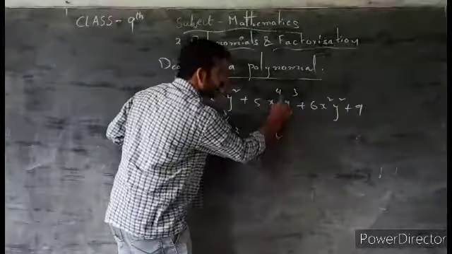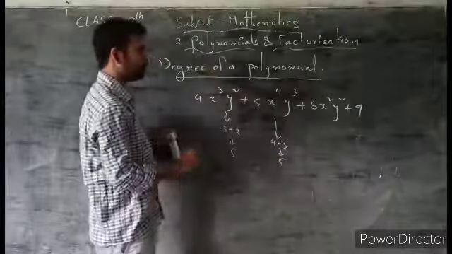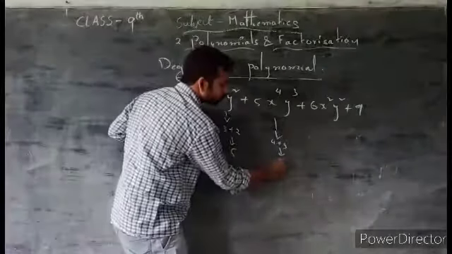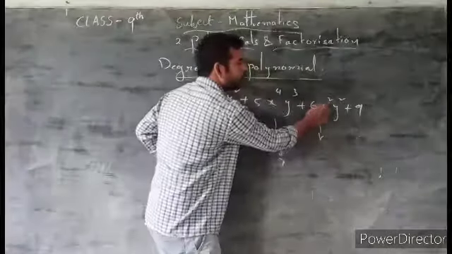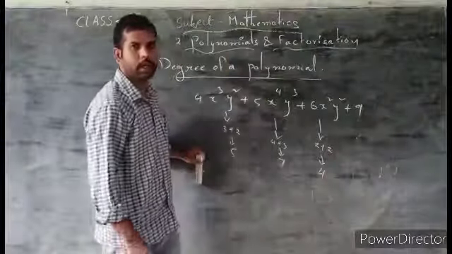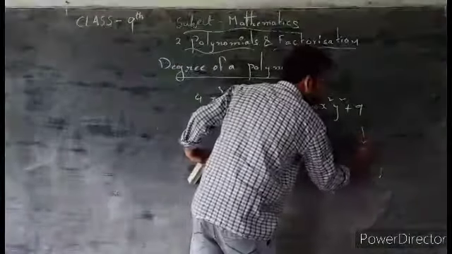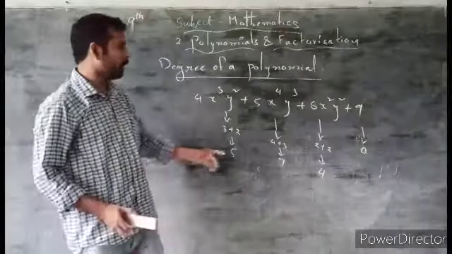Next, the degree is 4 plus 3, that is 7. Then 2 plus 2, 4. The degree of the constant number is 0.